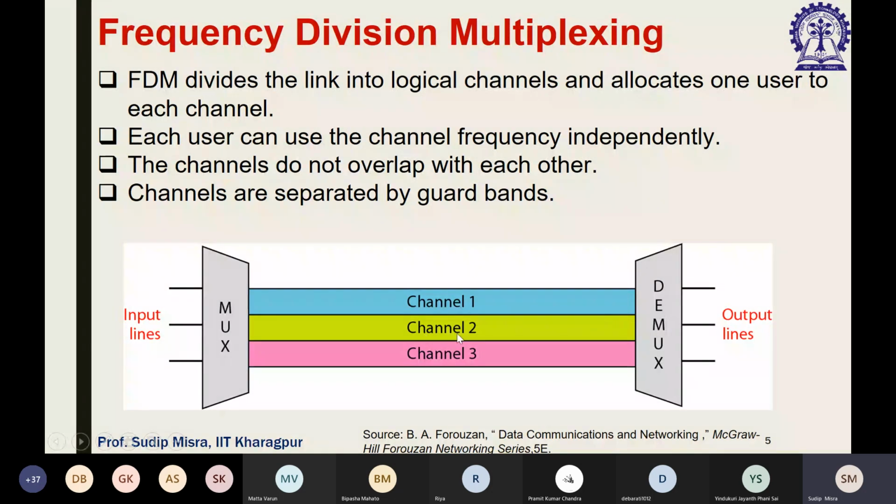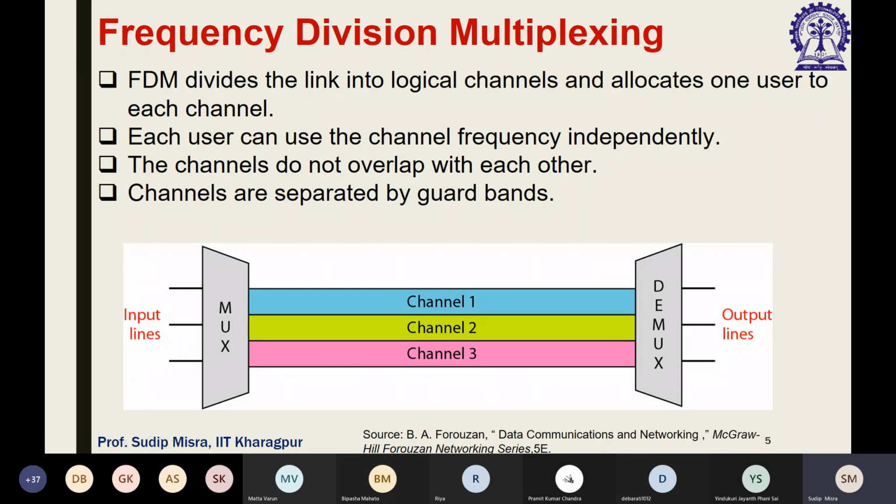Channel 1 and channel 2 can be separated with a guard band, which is like a no man's land, neither belonging to country 1 nor country 2. It separates channel 1 and channel 2. Likewise, channel 2 and channel 3 should also be separated through guard bands. This is how the logical separation of the channels is done.